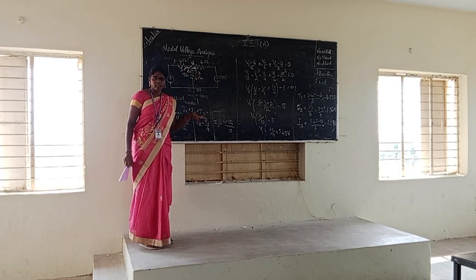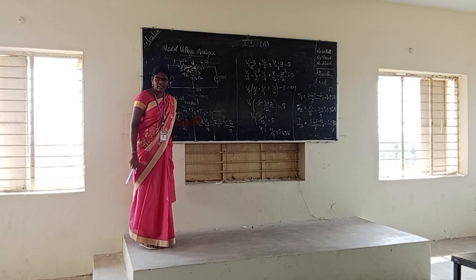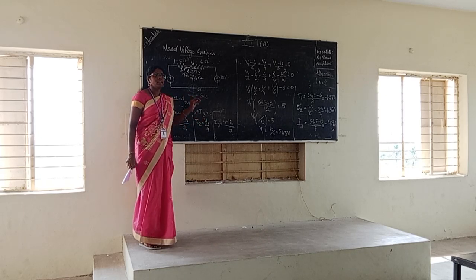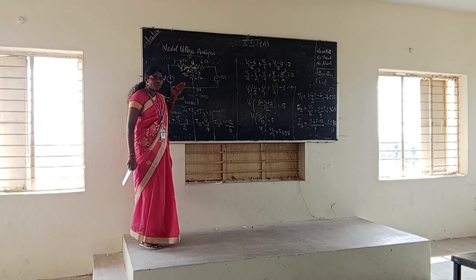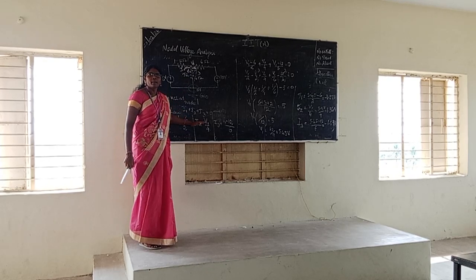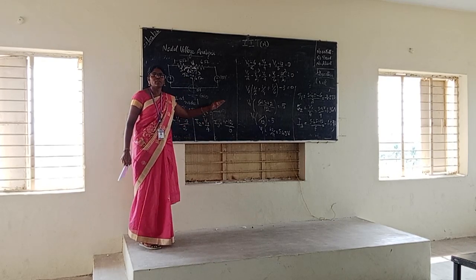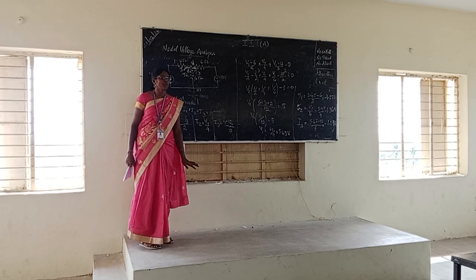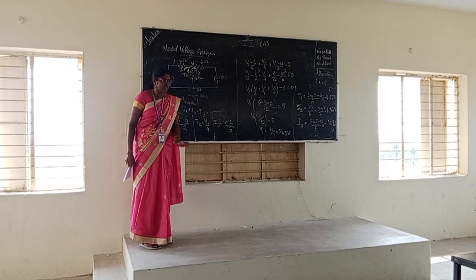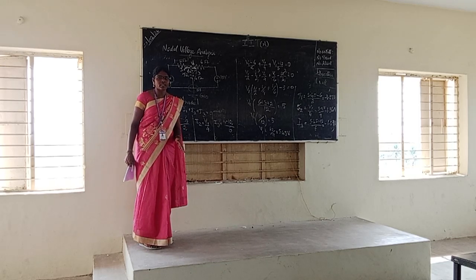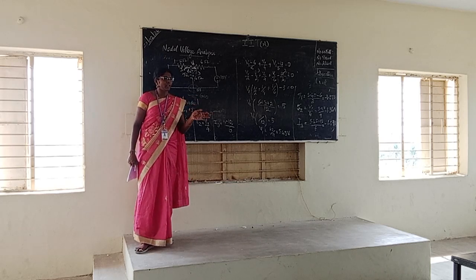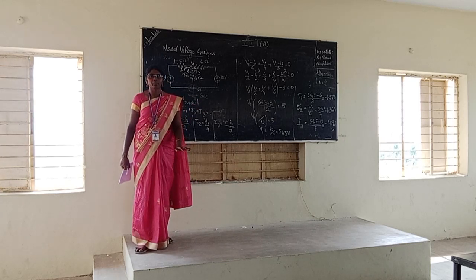Clear? After that, you apply KCL, then apply Ohm's law. If you solve mathematically, you will reach the answer. This is the procedure, even if one more node is there. Based on the reference node, you will be solving the problem. Okay.